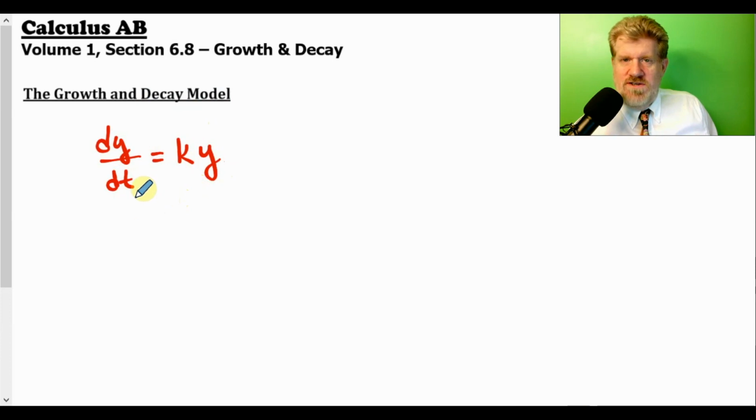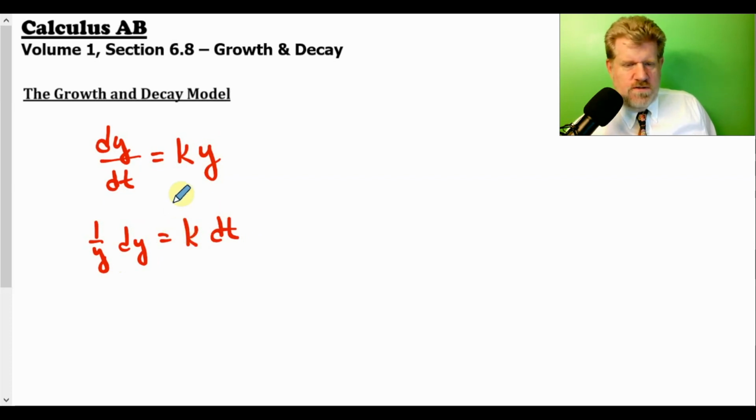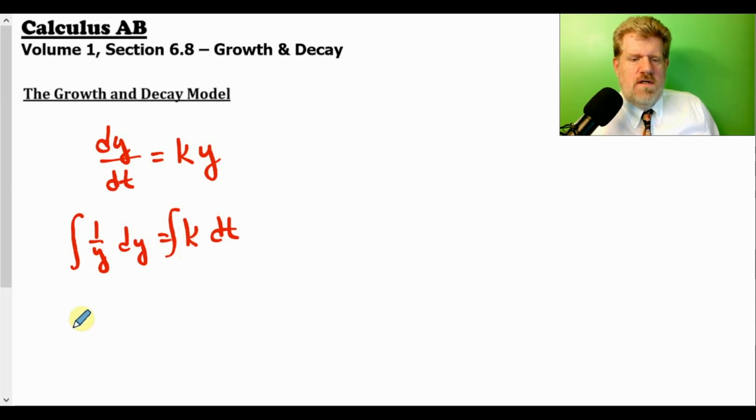And when we solve it, I think you'll notice something. So we're going to divide by y on both sides to get the y's over here. Going to multiply both sides by dt. Remember, k is a constant, so it doesn't matter what variable we're using. So now that it's separated, we're going to integrate it. So this is the natural log of y equals k times t plus a constant.